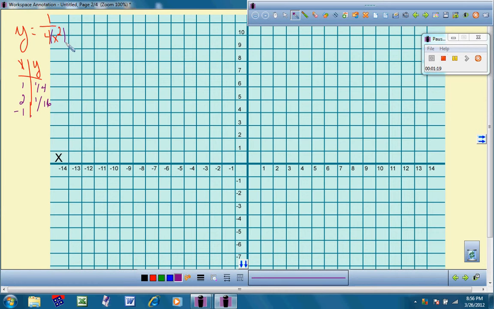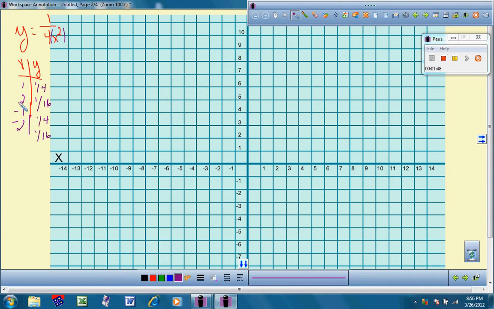Well, -1 squared is just 1. 1 times 4 is 4, so you're going to get the same answer as if you were to choose positive 1. So when x is -1, y is 1/4. And if I chose -2, then you know that y is going to be 1/16.